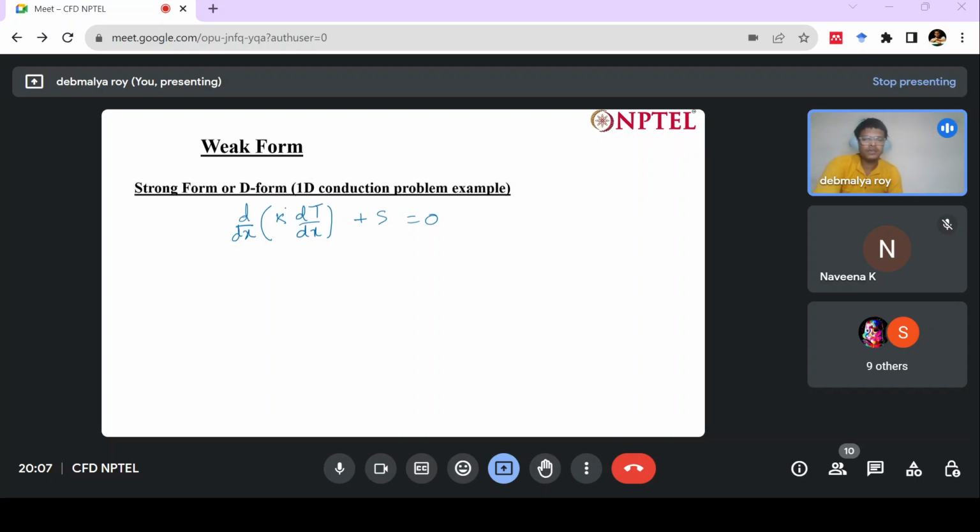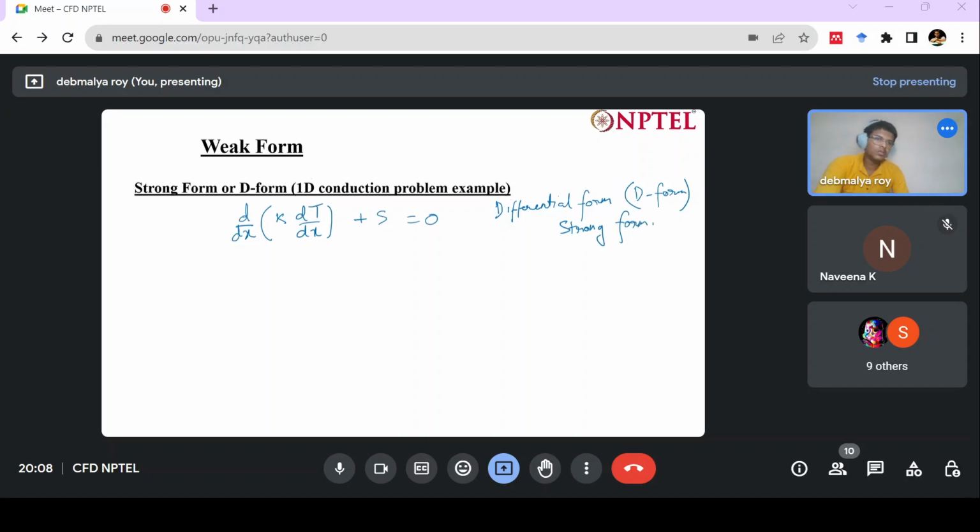We can have k as a function of x, s as a function of x, but I'm not bothering to write it down. This form of the equation is also known as the differential form, or in short, D form, or strong form.